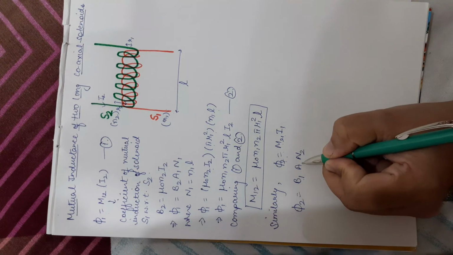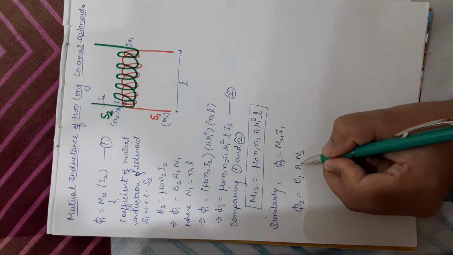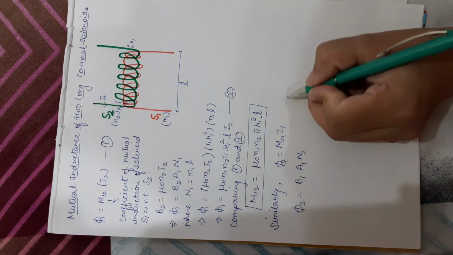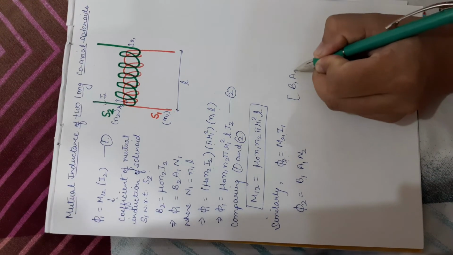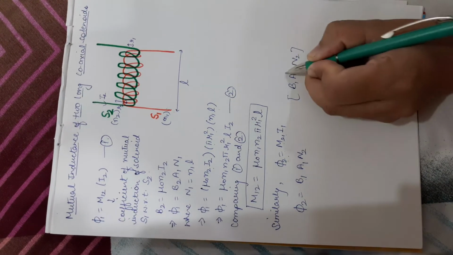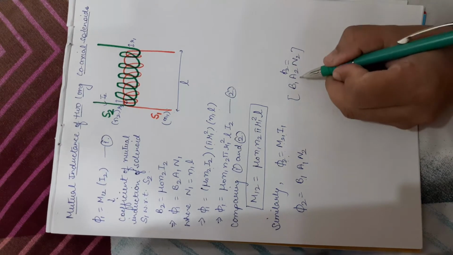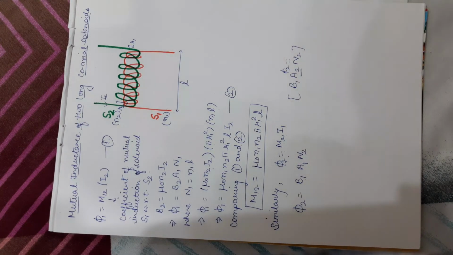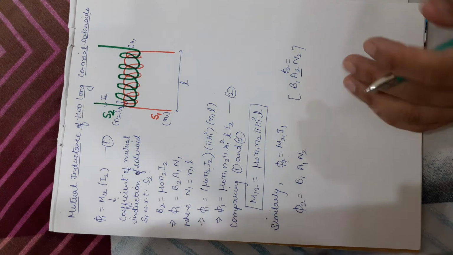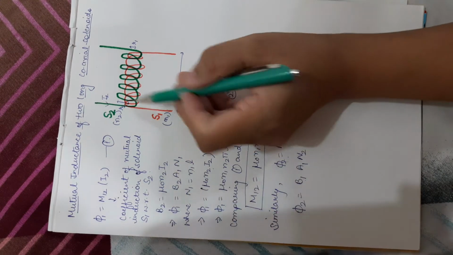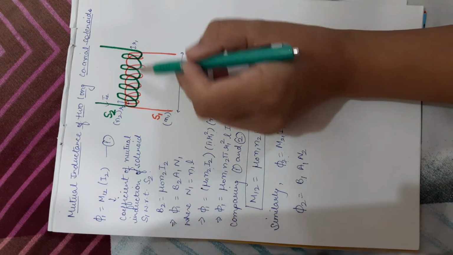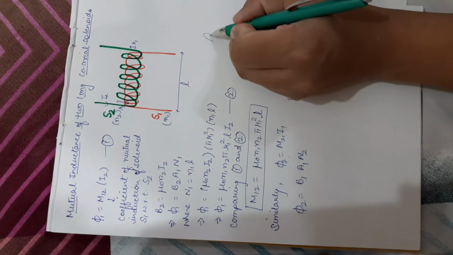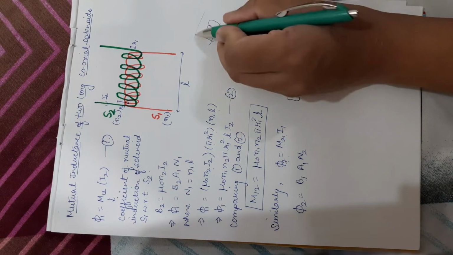Now in this case I will be taking the area A1 only. Ideally I should have taken B1, A2, N2. This should be the value of phi2, but I am not taking A2. The reason for this is that the solenoid S1 is smaller in area. The radius is smaller, and we know that there is no magnetic field outside the solenoid.